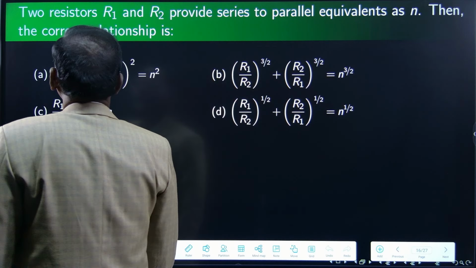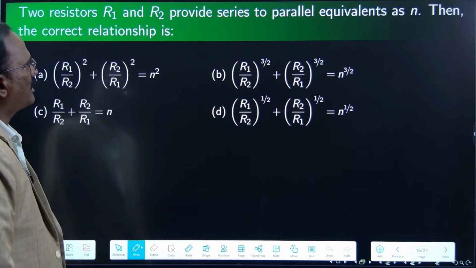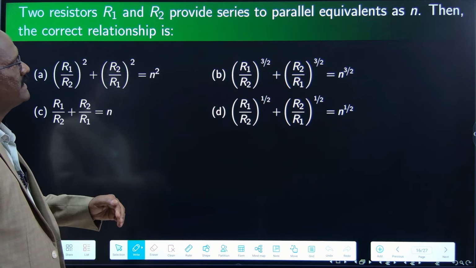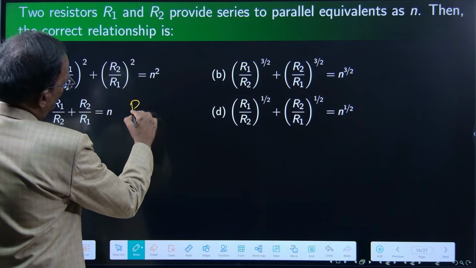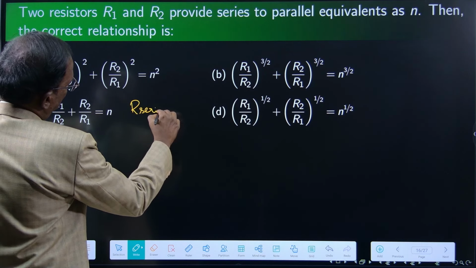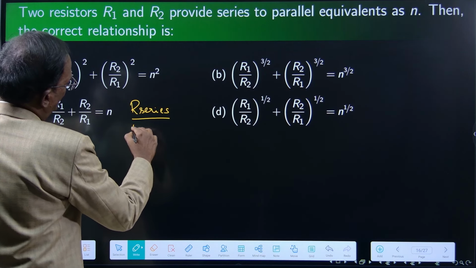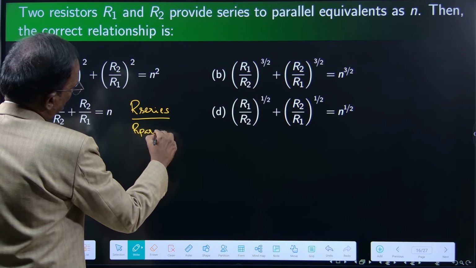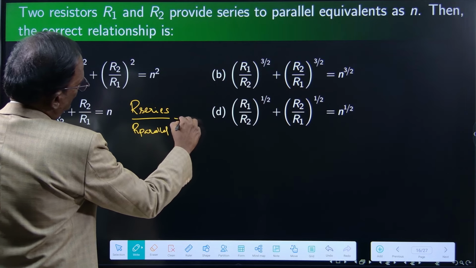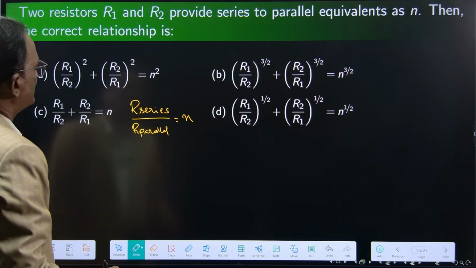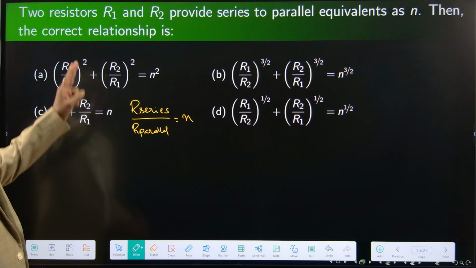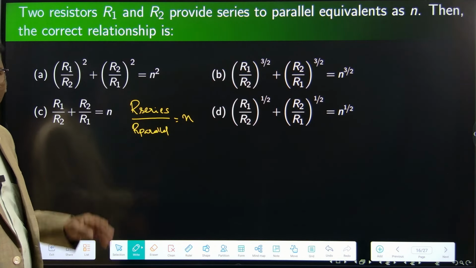Next problem. Two resistors R1 and R2 provide a series to parallel combination ratio N, that is R series divided by R parallel. This is N. Then the correct relationship is what? Two resistors are given, R1 and R2.